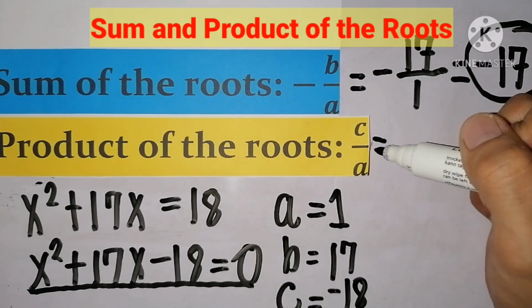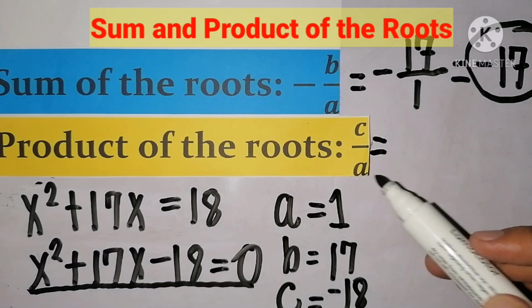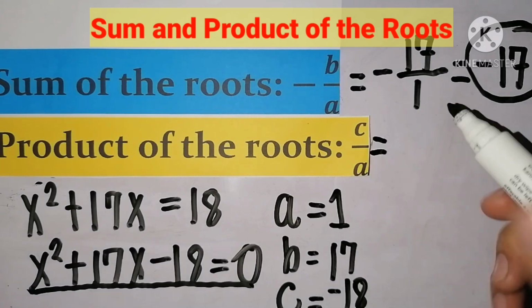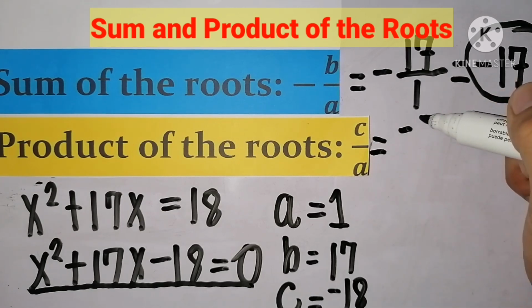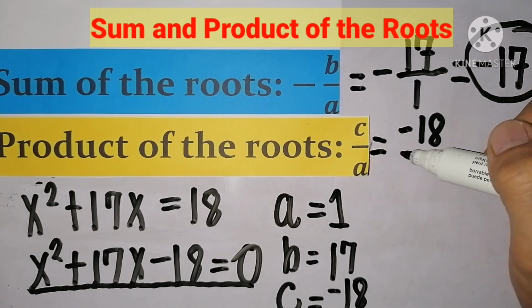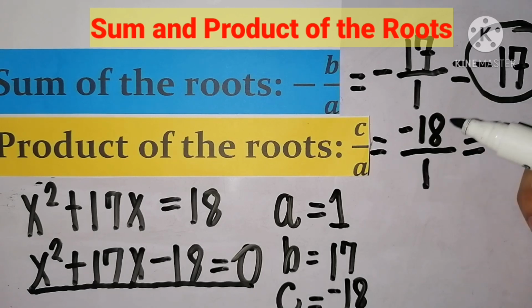How about the product of the roots? For the product, we have c over a. The value of the constant is equivalent to negative 18, so replace c by negative 18. The value of a is equivalent to 1. So negative 18 divided by 1, negative divided by positive, we have negative 18.